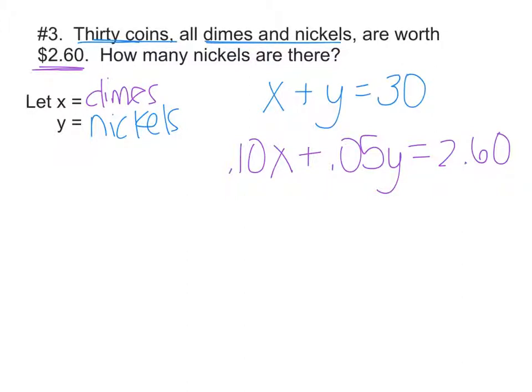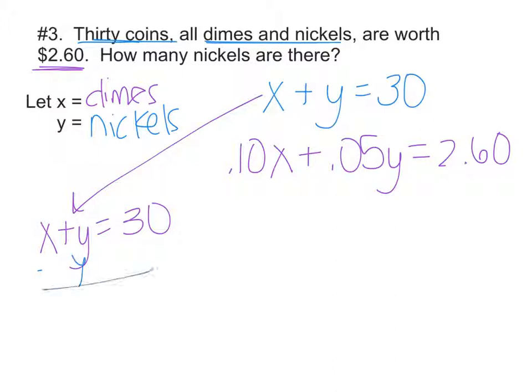And we could do substitution or elimination, and I'm going to choose to do substitution this time. So I'm going to take my equation here, x plus y equals 30, and I'm going to solve for x. So I'm going to subtract y from both sides.